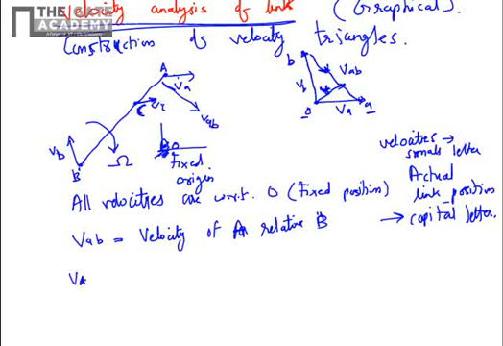VAB will be perpendicular to length AB, because there can't be any contraction along the length AB. That's why the velocity has to be tangential.